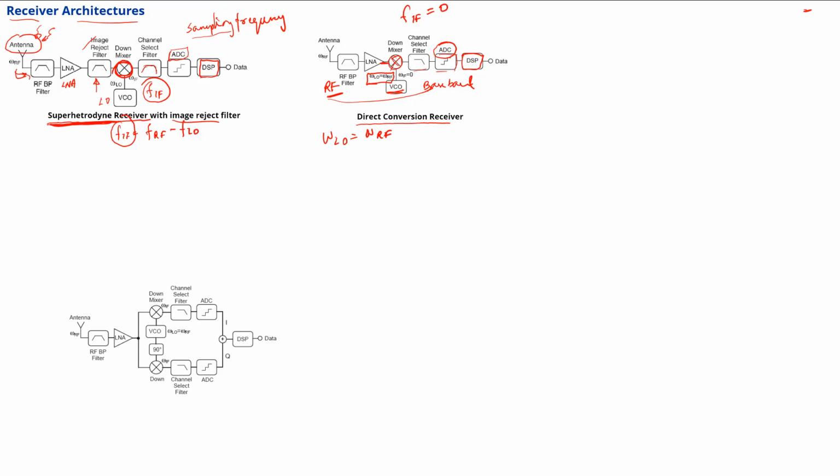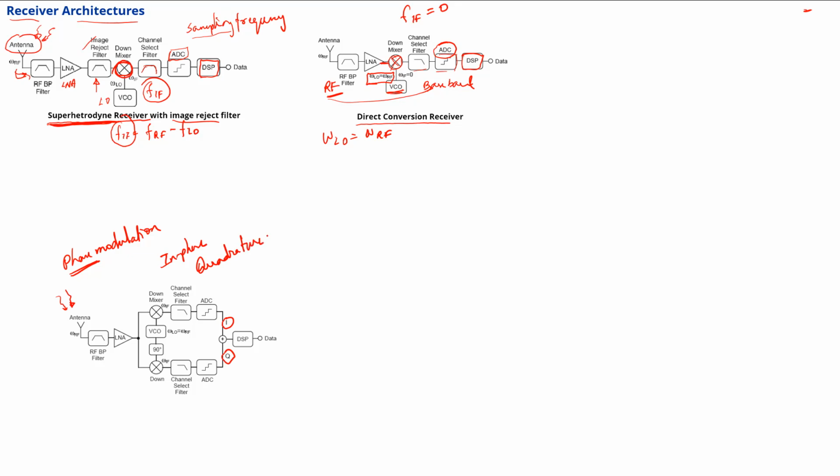So for phase modulation schemes where information is included in the phase component of the signal itself, especially in digital modulation schemes, if you want to receive such signals, it is useful to split the signals into what are called in-phase and quadrature components.